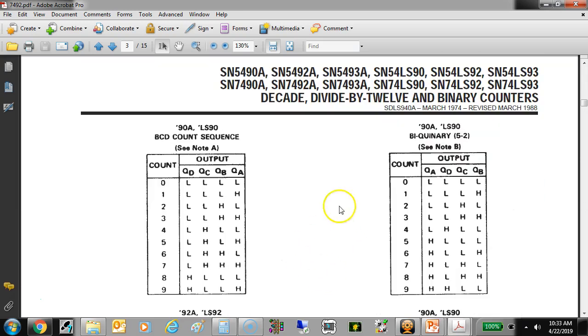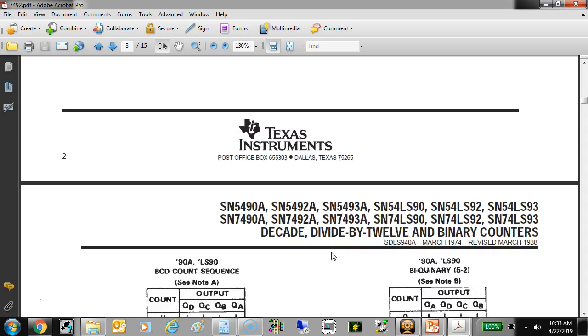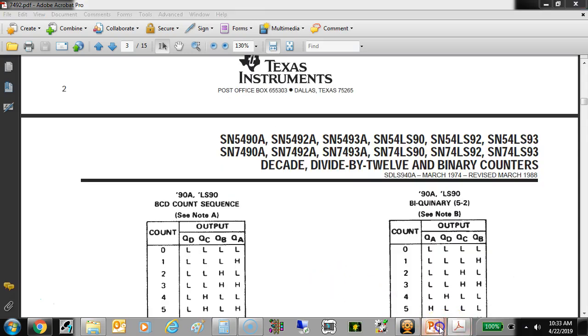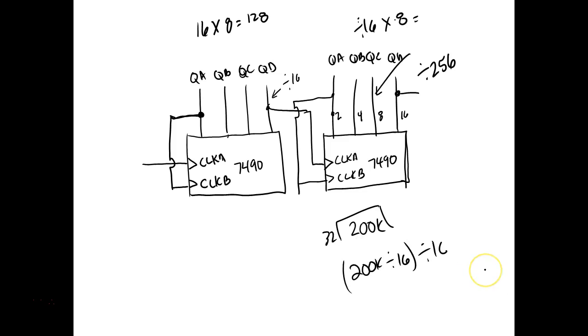So a 7490 counts from what? 0 to 9. So it's a divide by 10. So if this is a 7490 and I put 200 kilohertz in right here, what would I get over there?